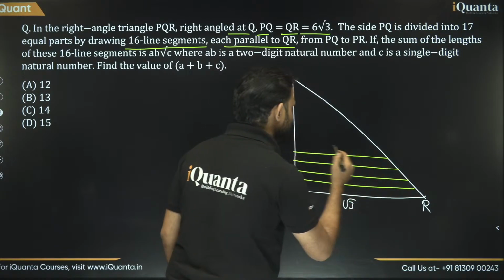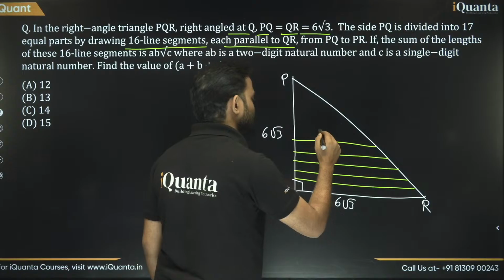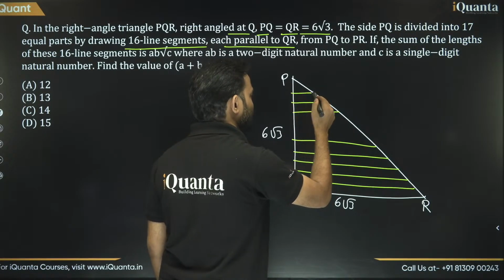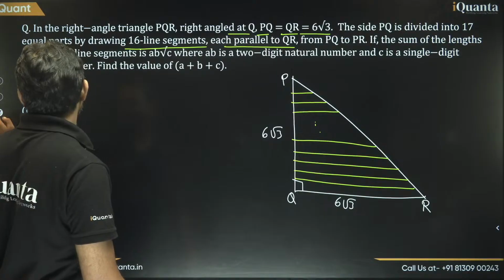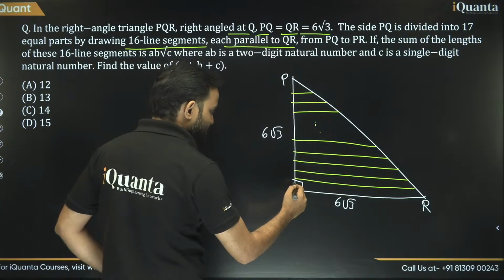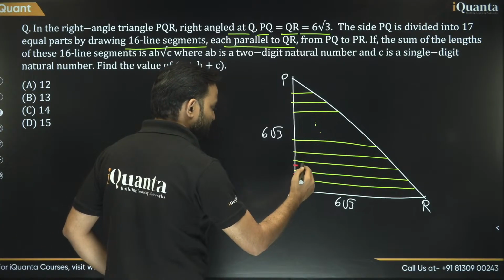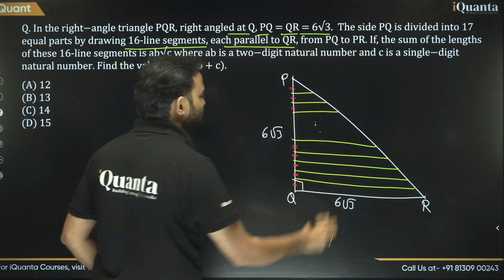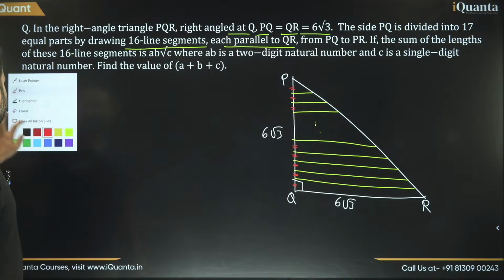17 equal segments, like this, okay? All of these are equal. This is equal to this, which is equal to this. All of these are equal, okay? 17 equal segments.